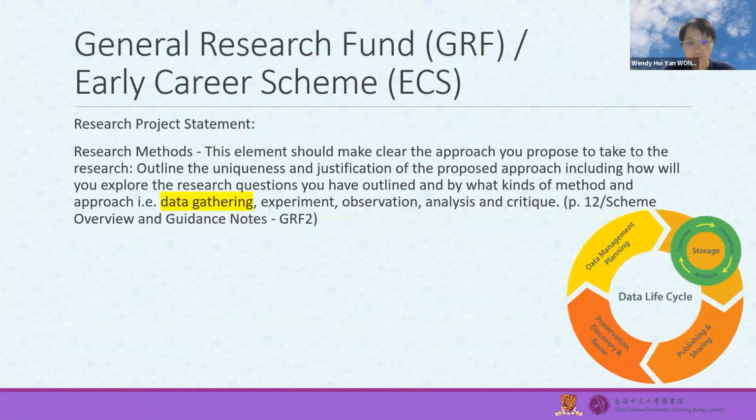For further research. And for the GRF and ECS scheme, in the project statement question, that is question 14, you are also asked to state how you gather your data, how the experiments with the data are done, how the data will be observed, analyzed, and critiqued. So these are some notes from the GRF and ECS application form.